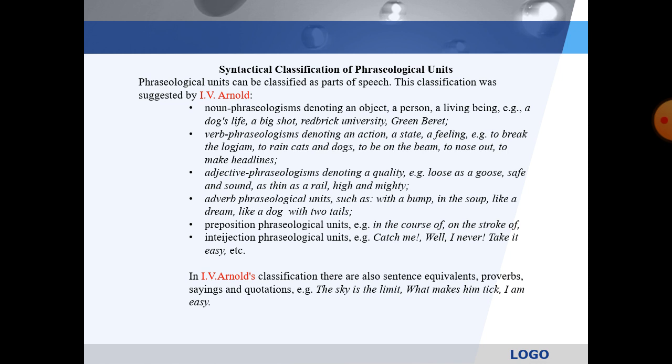And the next is F. Interjection phraseological units, that is, catch me, well, I never, take it easy, etc. In Arnold's classification, there are also sentence equivalents, proverbs, sayings, and quotations. For example, the sky is the limit. What makes him tick? I'm easy.